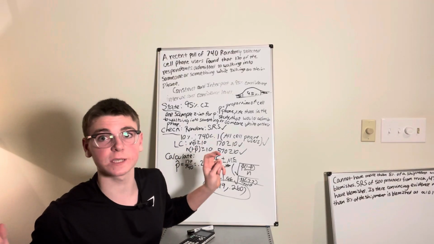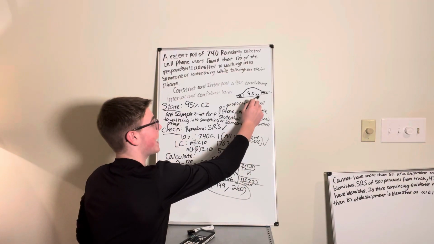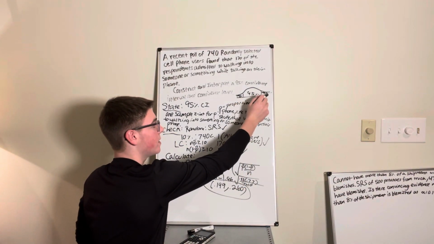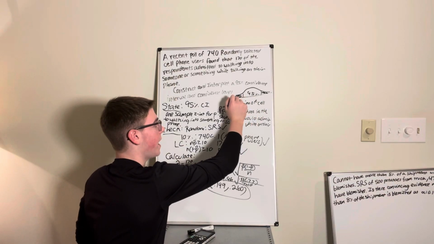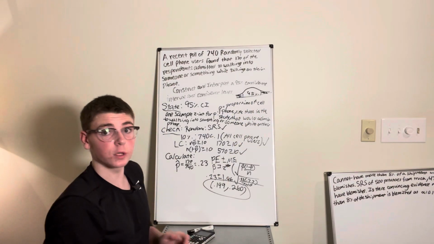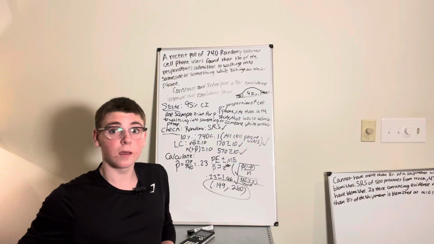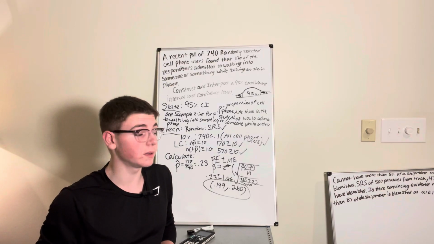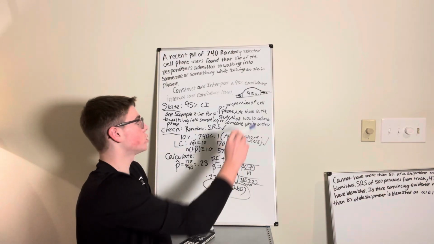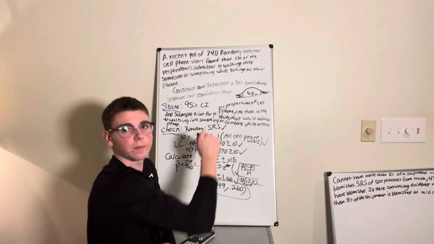That's why you're 95% confident about it, because it captures the middle 95%. These are outliers over here; only 5% of them end up over here. So if you were to create many of these 95% confidence intervals, 95% of them would capture the true proportion, because the true proportion is probably somewhere in this 95%.